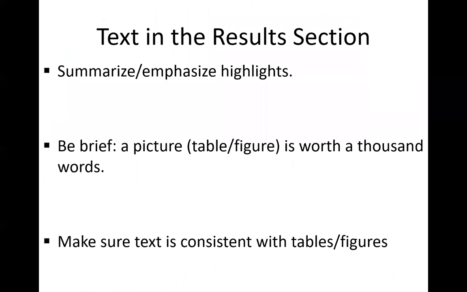So when you start writing the text and the results, please summarize, emphasize, highlight. You don't have to write every single result, every single number that you have. For example, you don't have to say that I have 54% male and 46% female. By the fact that you put 54% male, the reader would know that the remaining are females.